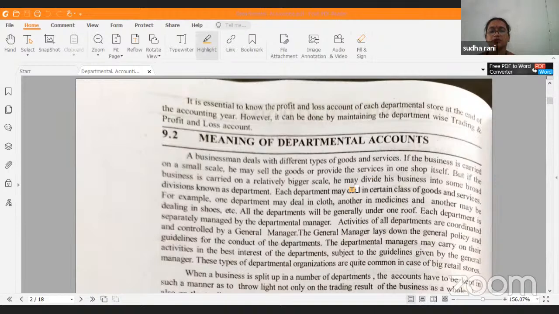Like that, he provides different products on different floors, and at the same time, when he deals with different products under one roof, each department is generally managed by separate people. If you ask the electronics people, they say please find it on the ground floor, where you have a textile manager.